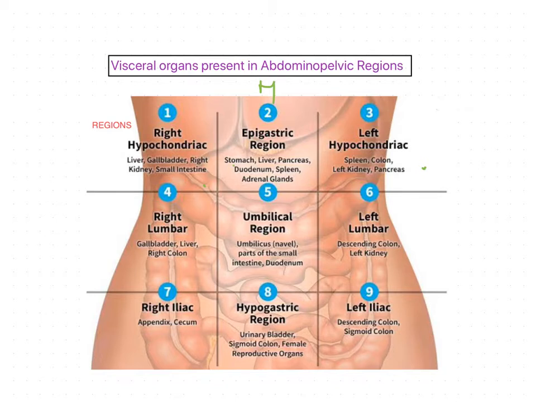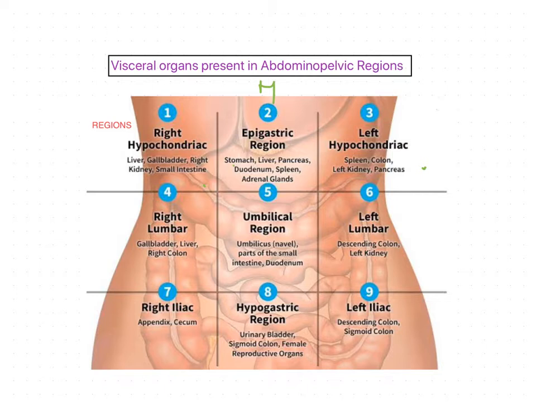Now coming to the umbilical region. The umbilicus is here, and this area is mainly occupied by the coils of small intestine, and also the aorta and inferior vena cava are related to this umbilical region.